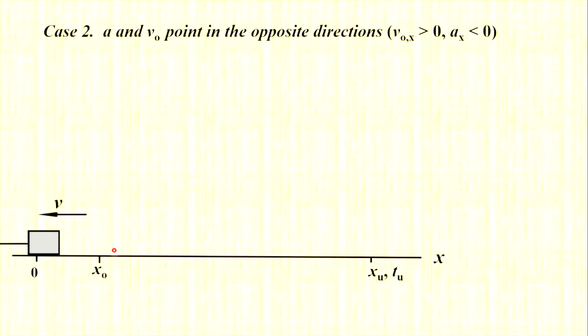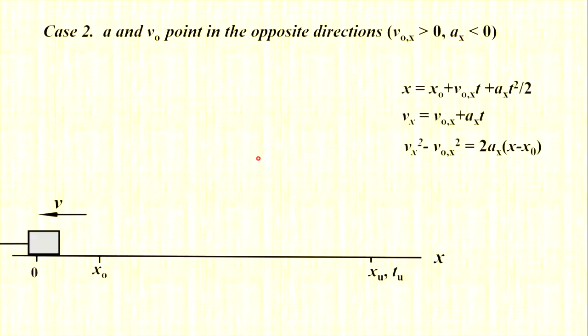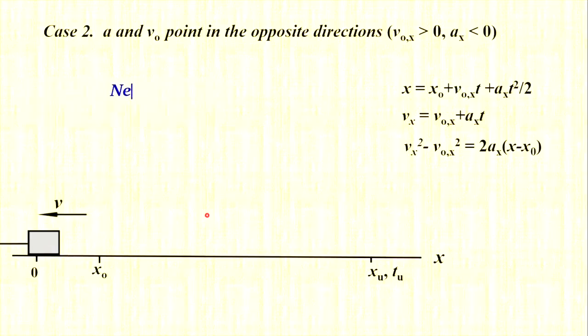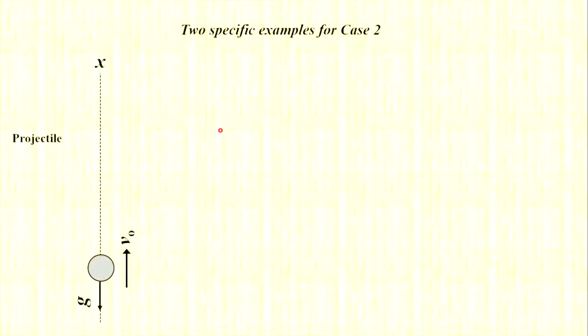Such questions in most cases arise from students ignoring analysis of the motion and using only equations to solve the problem. If you analyze the motion, there is no doubt how such a case can happen. Now, let us consider two specific examples of motion corresponding to case 2.